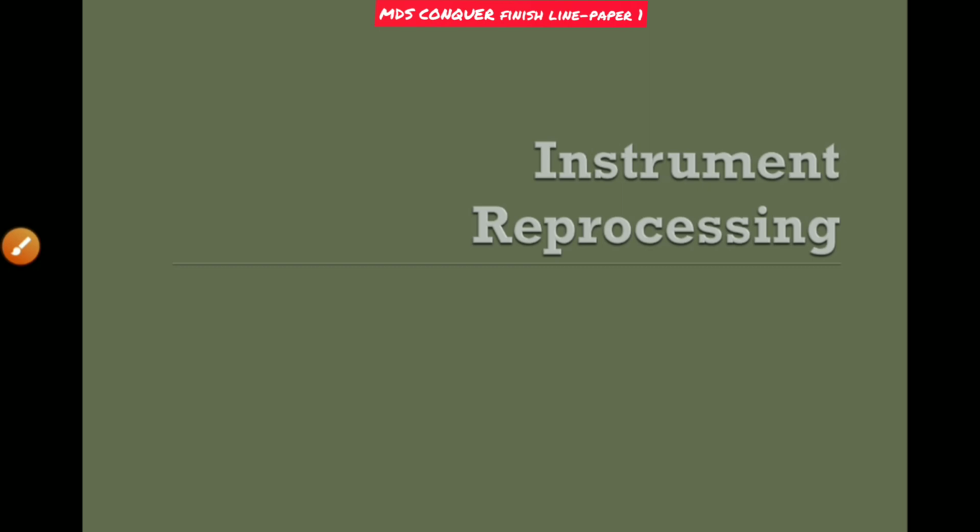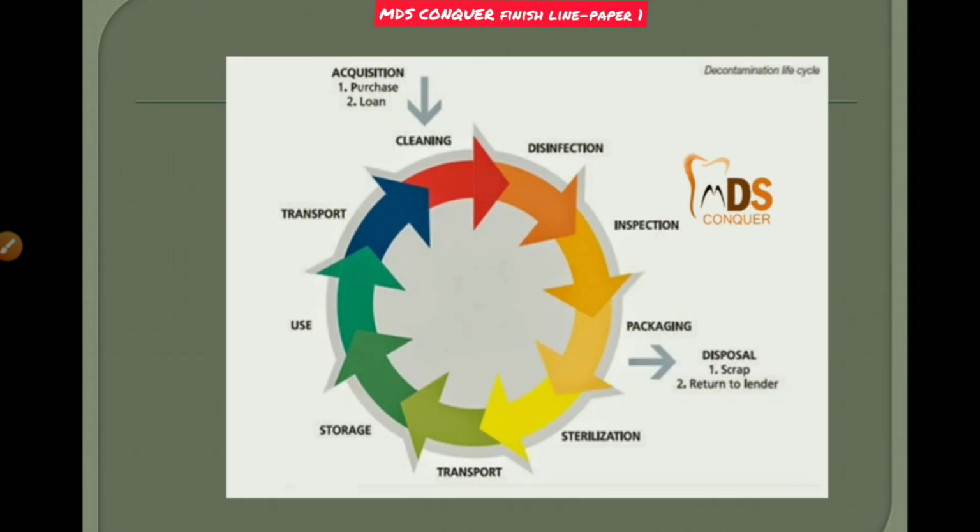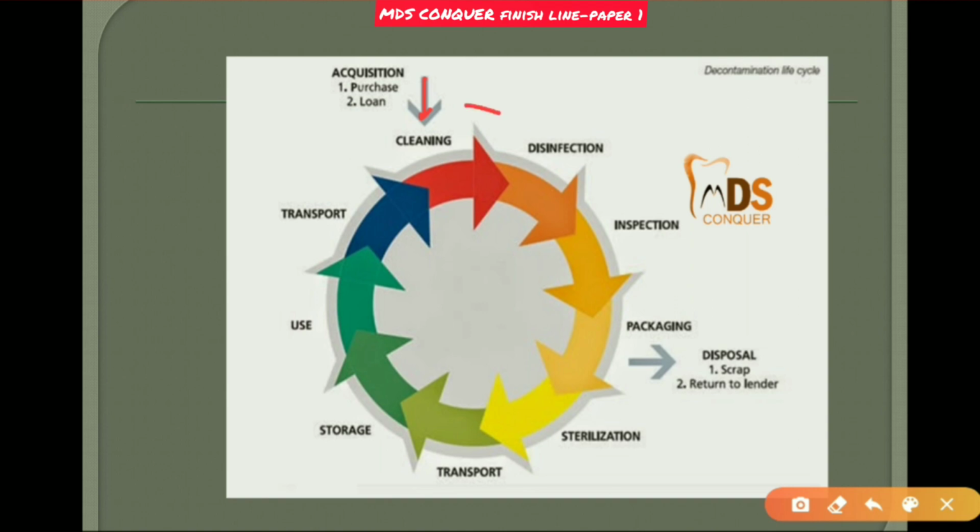So those are the things about infection, disinfection and sterilization of dental instruments. Then coming to instrument reprocessing. Instrument reprocessing starts with cleaning, then disinfection, inspection, packaging, sterilization, transport, storage, use, and again transport for cleaning.